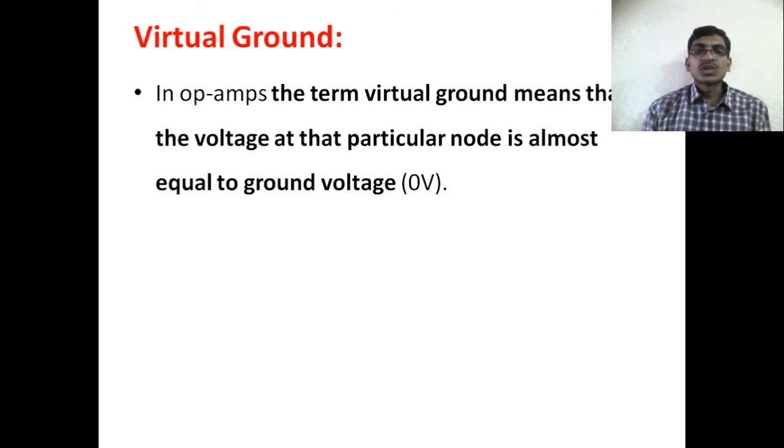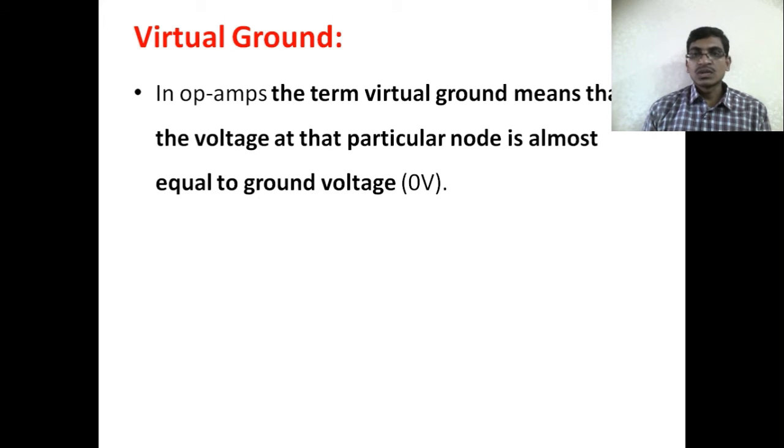The virtual ground concept is virtual, it is not real, and it is not physically present. But the voltage at that particular node is equal to 0 volts. That type of node is called a virtual ground, and it exists in our operational amplifier.